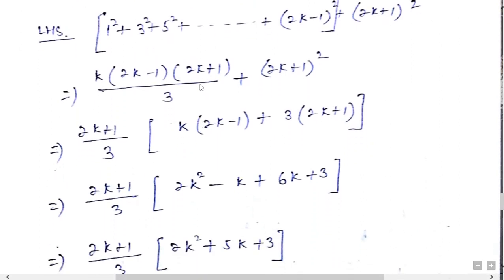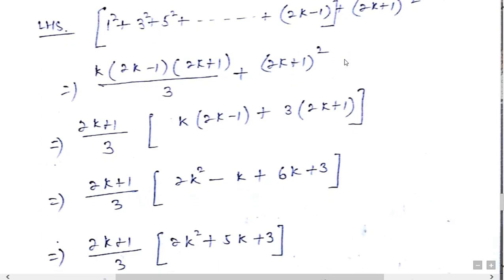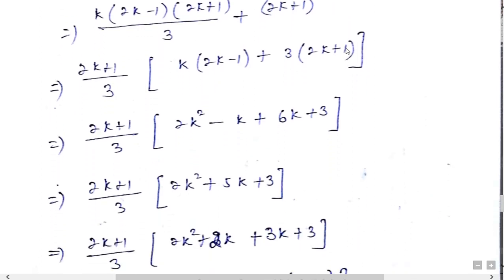Now, from this series, 2k plus 1 over 3 can be taken as common, and 3 basically is the LCM and 2k plus 1 is common. And inside k into 2k minus 1, and in second term you can write 3 into 2k plus 1. Not whole square, it's 2k plus 1 because 2k plus 1 is common. Simply multiply the terms. 2k square minus k plus 6k minus 3.